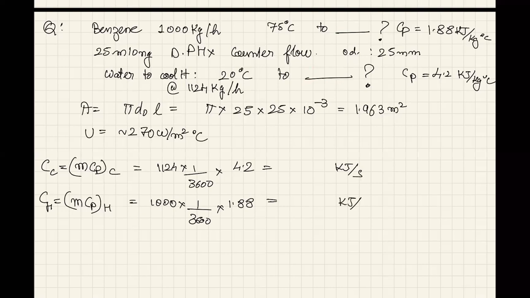What is the value of CC that we are getting? 1.305. And the other value is 0.522. So what is C min? C hot, correct?